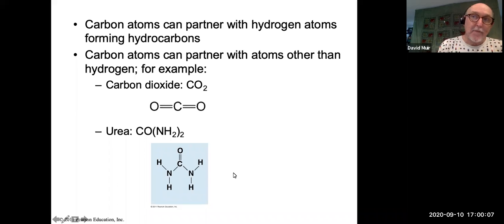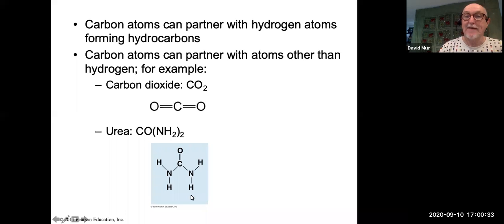Here's an example of carbon bonding to nitrogen. Carbon usually bonds to nitrogen in combination with hydrogen or another element. And here is one here. There's a carbon, 1, 2, 3, 4. And it is bonding to oxygen, the double bond there, C double bond O. And here it is bonding to nitrogen with single bonds.